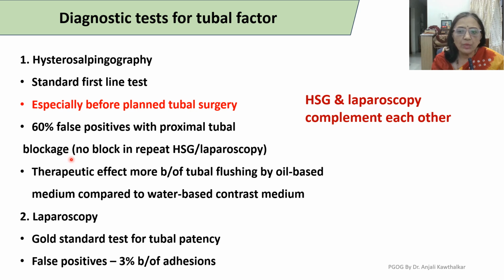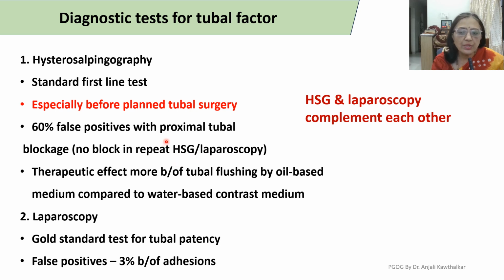Now, proximal tubal block is a block at the interstitial or intramural part of the fallopian tube. Proximal tubal block is cornual block, in other words. So, if we get a cornual block on HSG, the possibility of it being a false positive is 60%, so high. So what needs to be done is we have to repeat HSG in the next cycle, or we can proceed with laparoscopy.